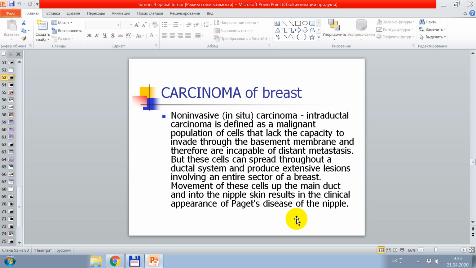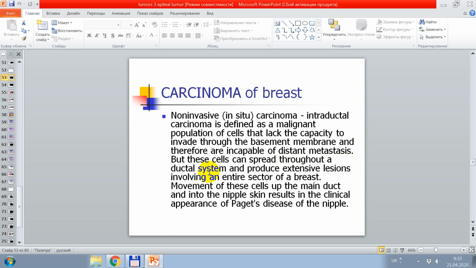Non-invasive or in situ carcinoma, or intraductal carcinoma, is defined as a malignant proliferation of cells that lack the capacity to invade through the basement membrane and therefore are incapable of distant metastasis.